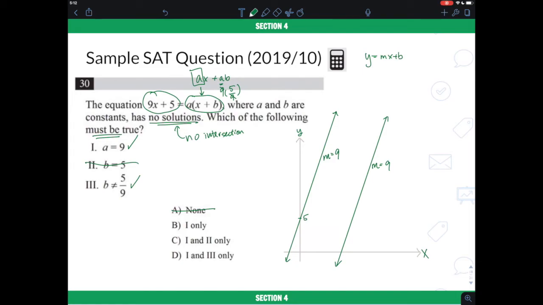Okay, so now the tip for this question is this. Are you ready to look at this expression right here as a linear line? Many students may not be able to recognize that, because when they see 9x plus 5 is equal to blah, blah, blah, they are too busy worrying about how to solve for x algebraically.